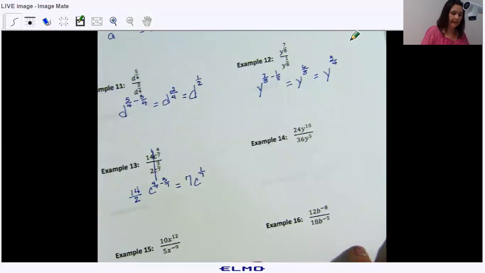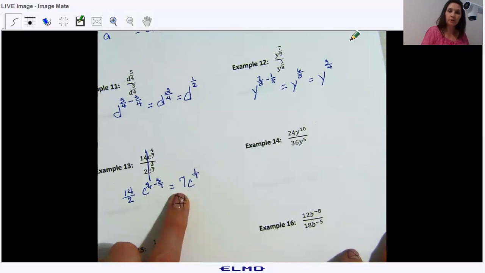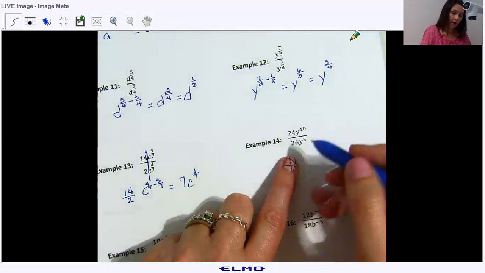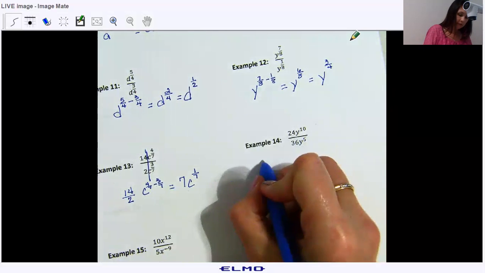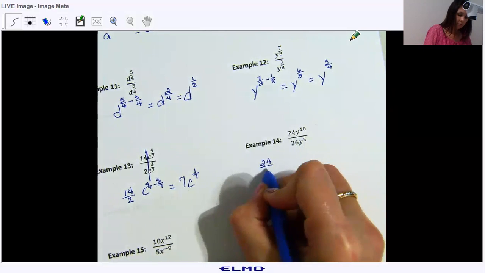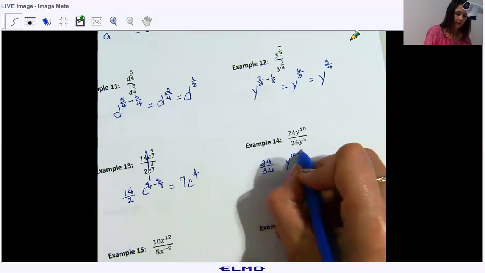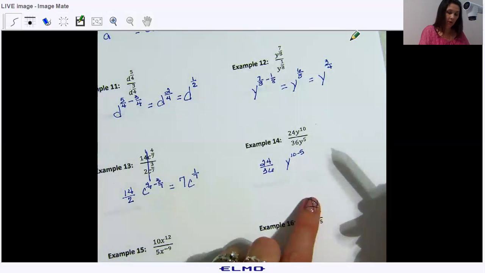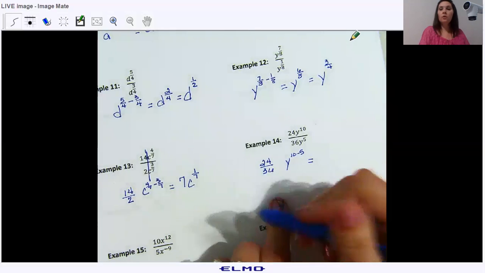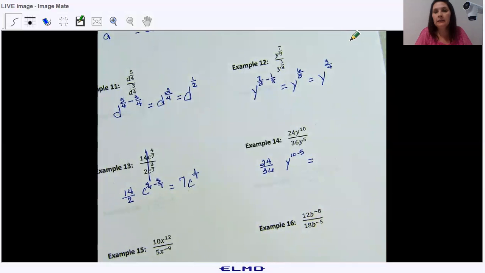Okay, let's go over to one that does not result in a whole number. So I have 24 divided by 36. And I have y to the 10th power minus the 5th power. Okay. Now, 24 over 36 does not divide evenly into a whole number, but they do both have a common factor of 12.